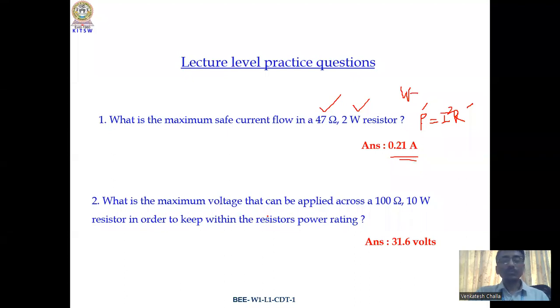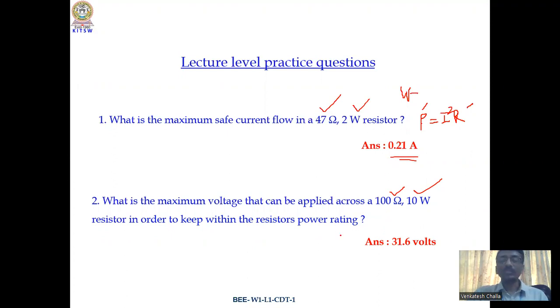What is the maximum voltage that can be applied across a 100 ohm 10 watts resistor in order to keep within the resistor's power rating? So if I have a resistor which is rated to 10 watts, what is the maximum voltage that can be applied to it? Because if I apply more voltage, more current will flow and the resistor gets damaged. And hence there is a limit of voltage to be applied.